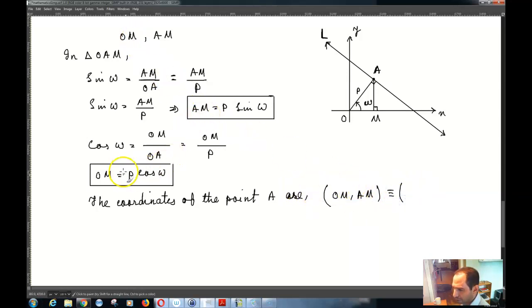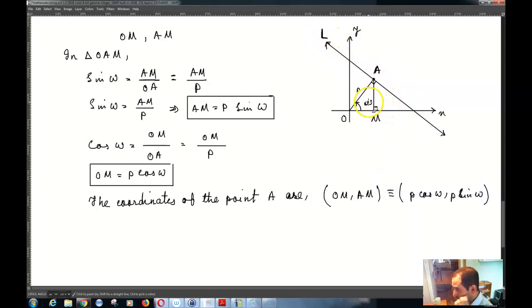OM is P cos omega, and AM is equal to P times sine omega. And now all we need to do is find a way to find the slope of this line.